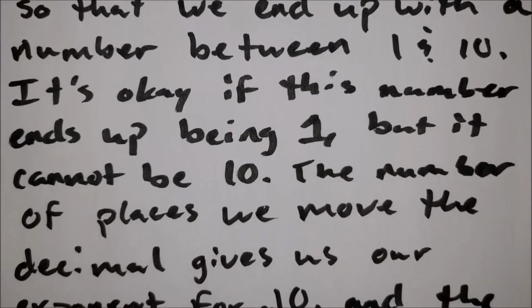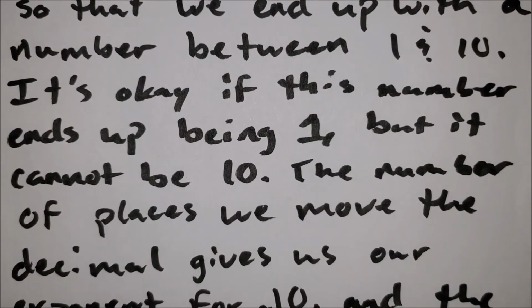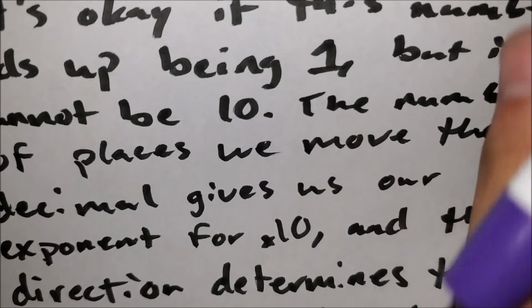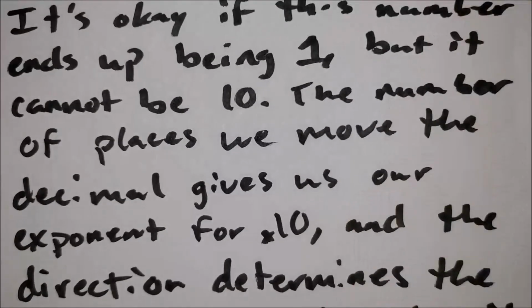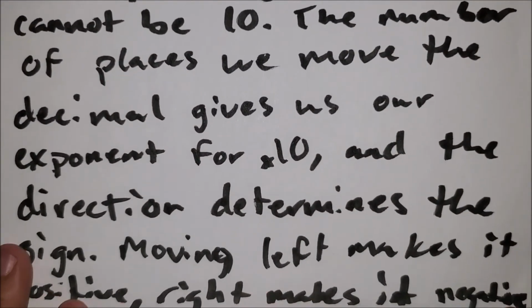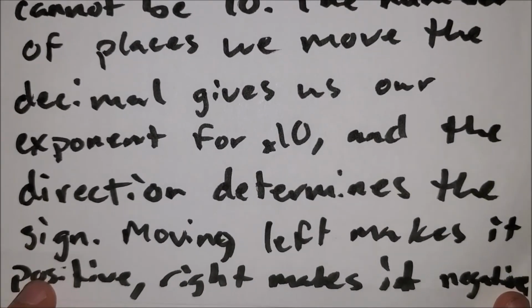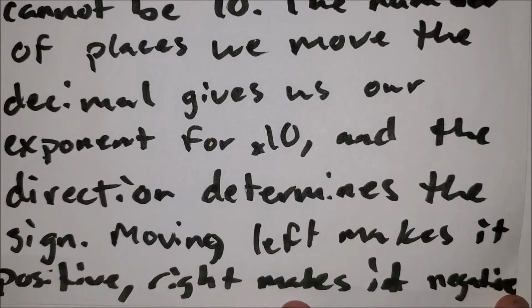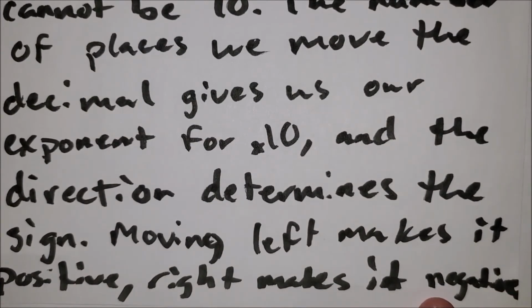The number of places we move the decimal gives us our exponent for our times 10, and the direction determines the sign of the exponent. Moving it left makes the exponent positive. Moving the decimal right makes it negative.